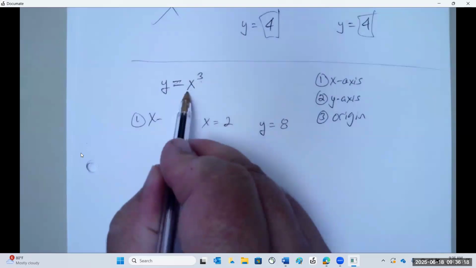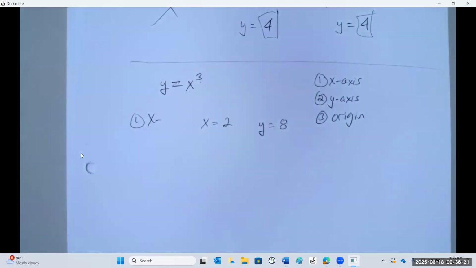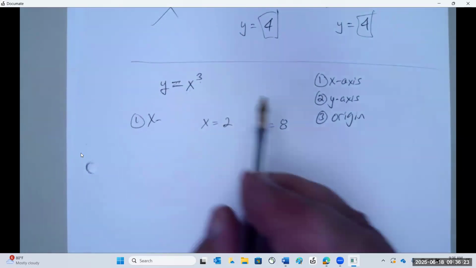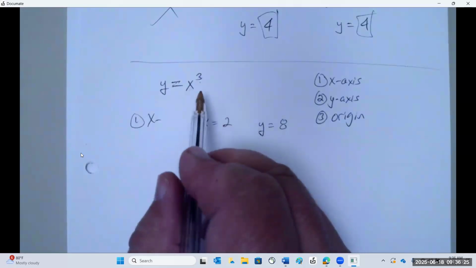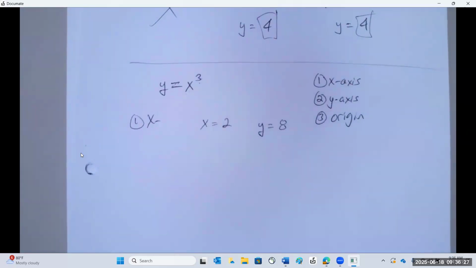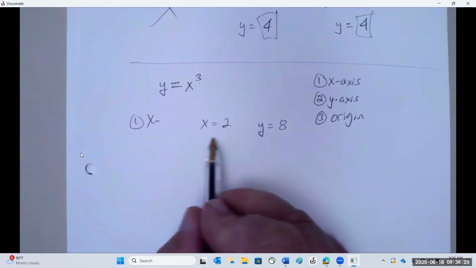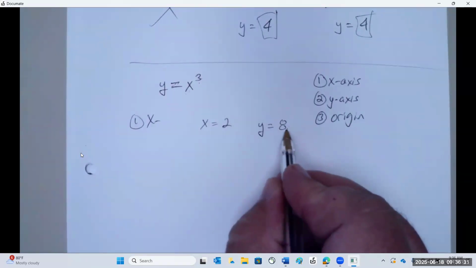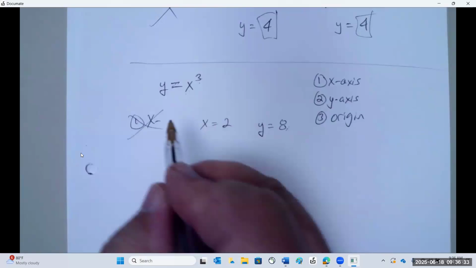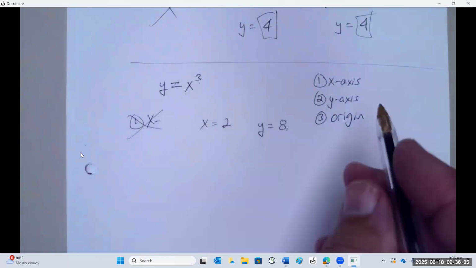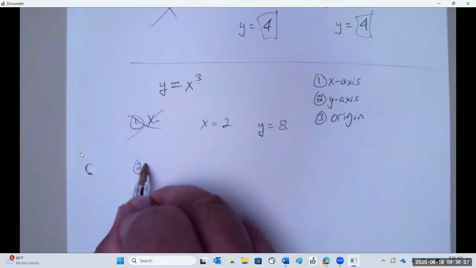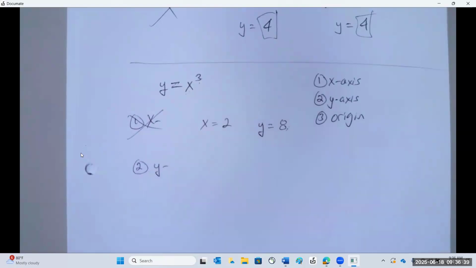Plug in 2. What does 2 cubed mean? 2 times 2 times 2. It doesn't mean 2 times 3. It means 2 times 2 times 2. So, can I ever get a different answer? No. So it's not symmetric with the x-axis. It is what it is. Is it symmetric with the y-axis?